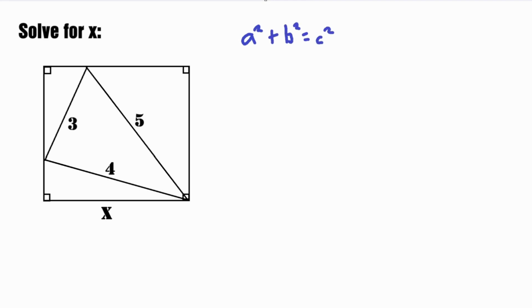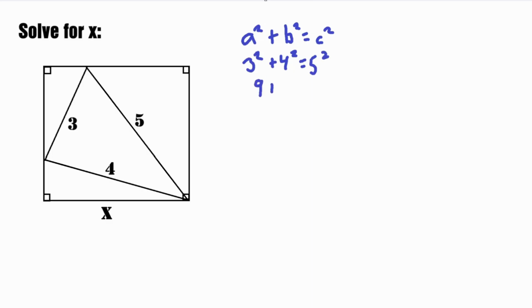So why did I bring this up? Because the values of 3, 4, and 5 are a common Pythagorean theorem combination. Look, if we have 3 and 4, and 5 is our hypotenuse, then 3 squared plus 4 squared is equal to 5 squared.